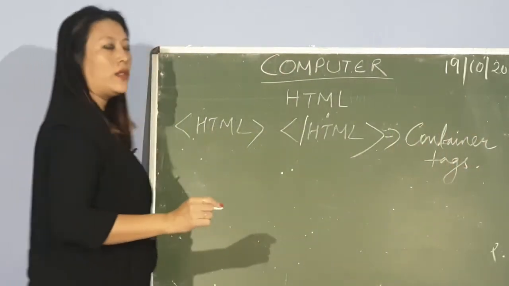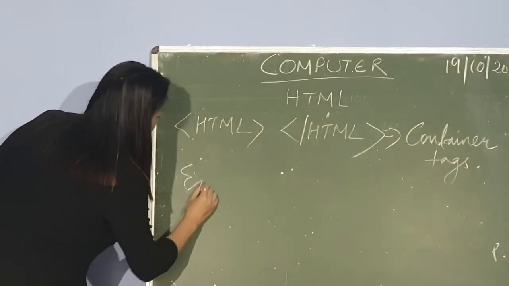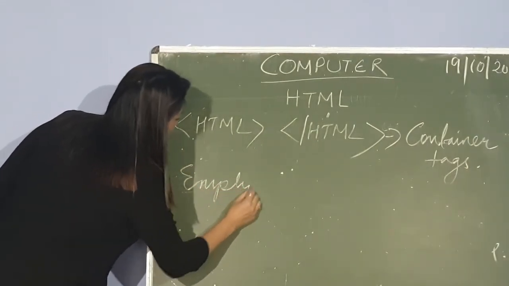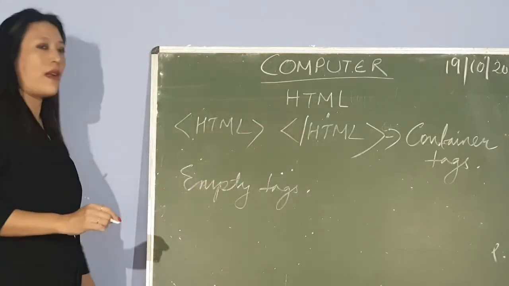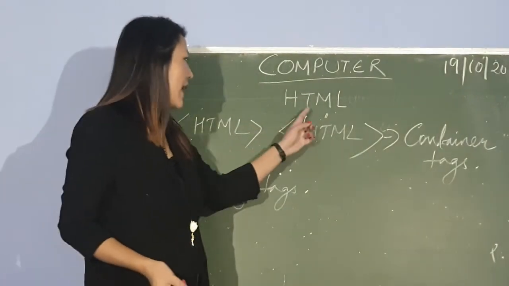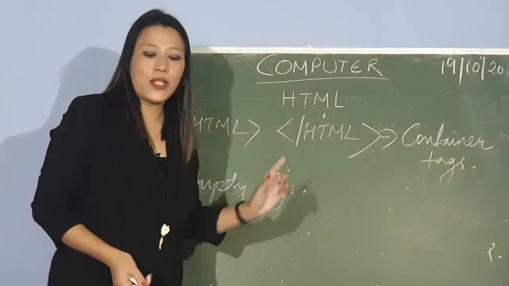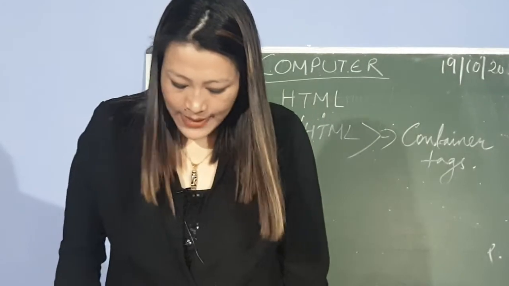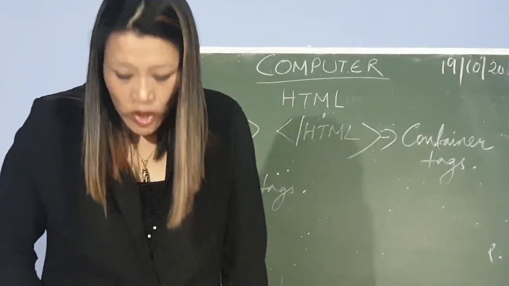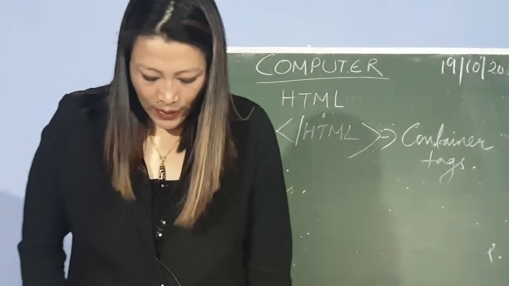Okay. Now there are other tags which are known as empty tags. For these tags, you may write or you may not write the closing tag with the slash. Those types of tags are known as empty tags, which do not require any closing tag.